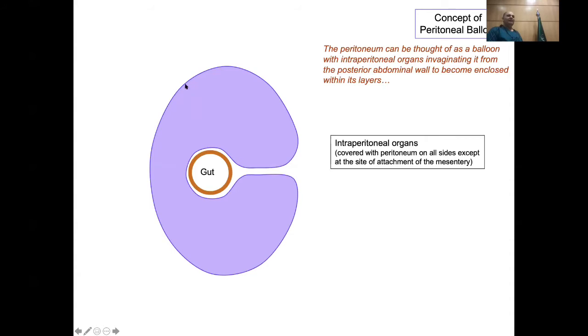And this peritoneum is the same peritoneum which is lining my body cavities. That's the parietal peritoneum. And this is somewhere my posterior abdominal wall. So it drags two layers of parietal peritoneum and it goes all the way. So that is an example of a mesentery. If it was coming from the anterior abdominal wall, I would call it a ligament.